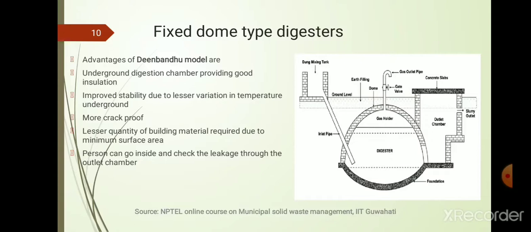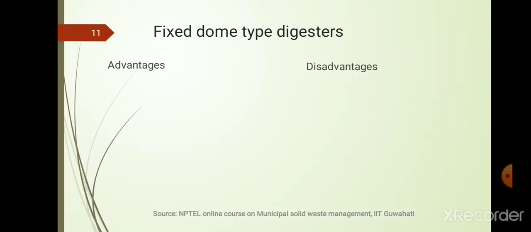You can see the outlet chamber is very big, so a person can enter it, and through that hole he can enter the digester also. So very easily we can check for leakage in this design. So these are the advantages of the Deenbandhu model.